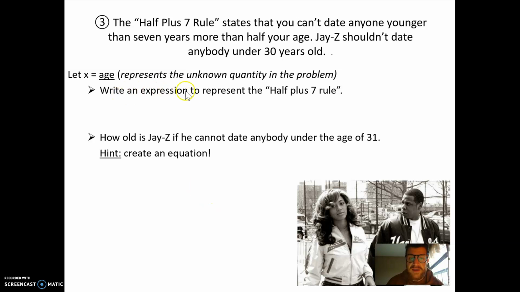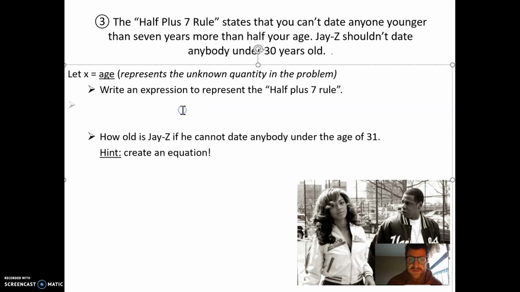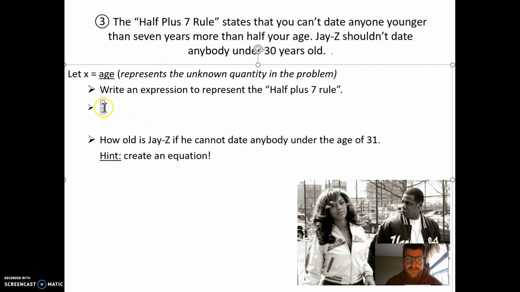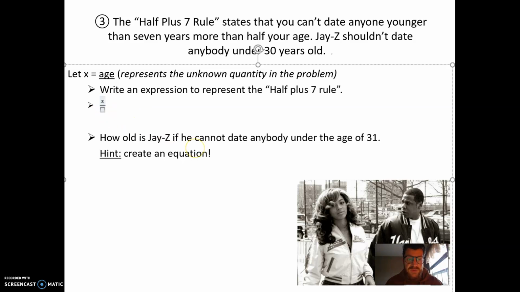Now, let's write an expression to represent the half plus 7 rule. First, we need to find half of their age. To find half of their age, you divide it by 2. So the first thing I'm going to do is take their age, which we said was going to be x, because that can change. I'm 29 at the moment.